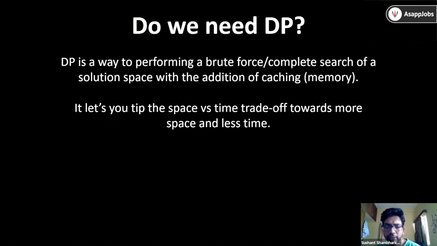When you solve any competitive programming problem, or any general problem in computer science, there will always be a trade-off between space and time. If you don't want to use space, you have to use more time, and if you want to reduce your time complexity, then you have to increase your space complexity. So there will always be a trade-off. There are optimal solutions for some problems where you can minimize both space and time complexity, but you will find that there is usually some trade-off between space and time.